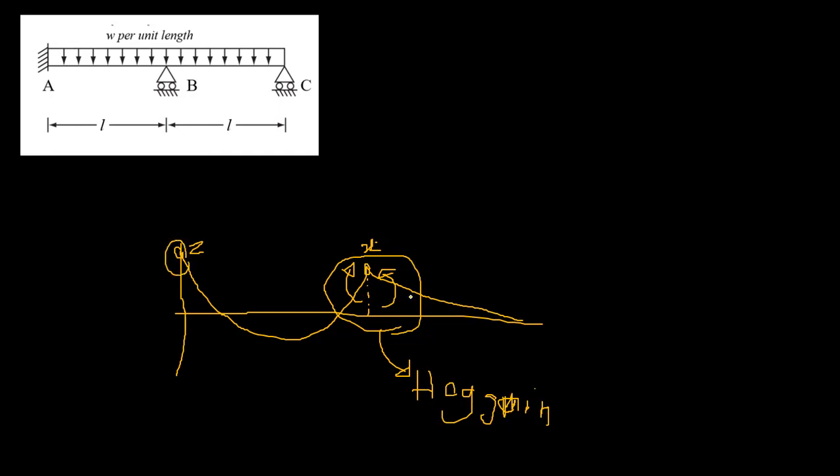This is the left end of this part, so it's an anti-clockwise moment, right? But still you don't know. If you know any of these values, this is minus X then, right? So those are equal and opposite, but you don't know any of these values.